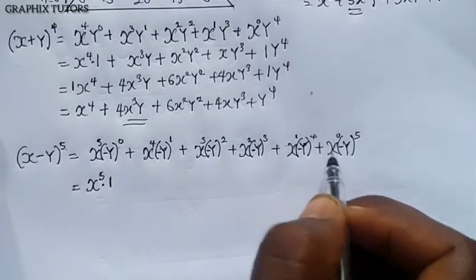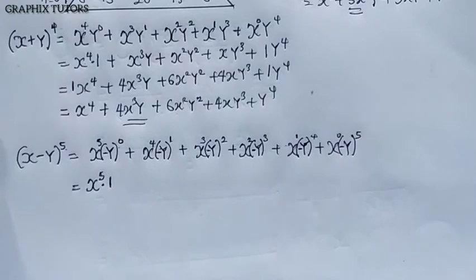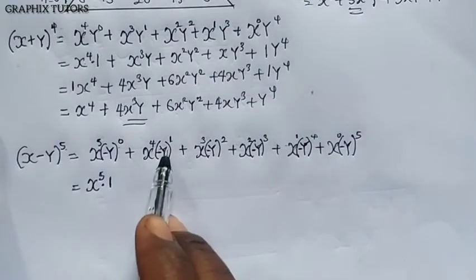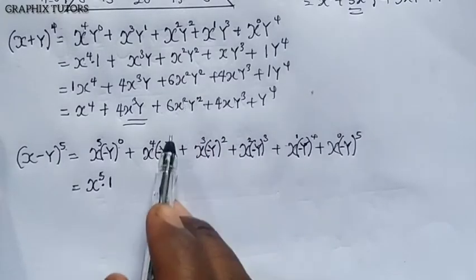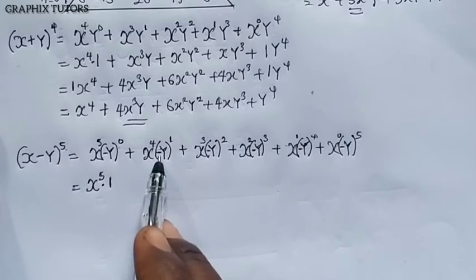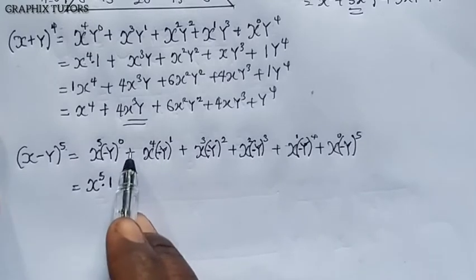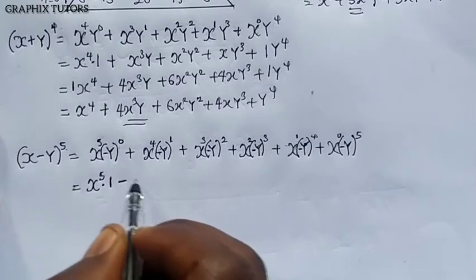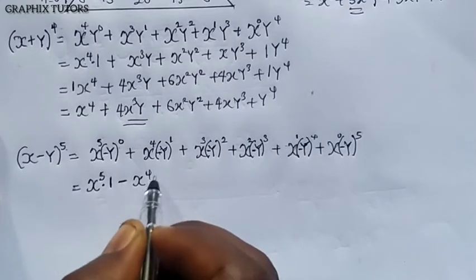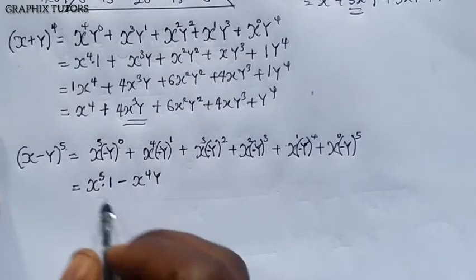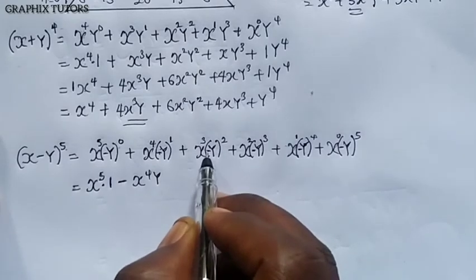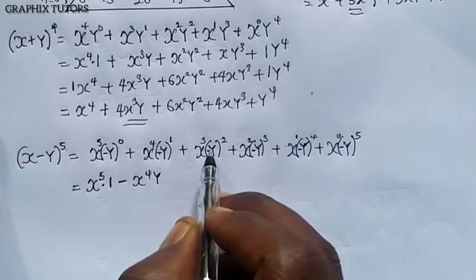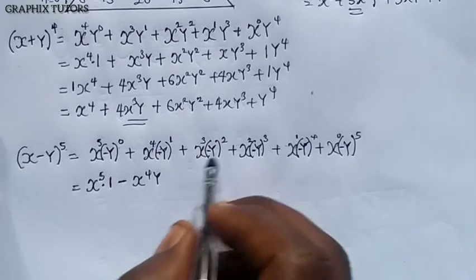Now the next thing we'll do here is this. I told you earlier in my previous video that when you have a negative value with an odd power, your value always remains negative. So because of that, this is my minus, we multiply this by my plus, it becomes minus. So I'll be left with x^4y. Right? Now when you have a negative value and the power is even, the negative will turn to positive, no matter how big the power is, as long as it is even.